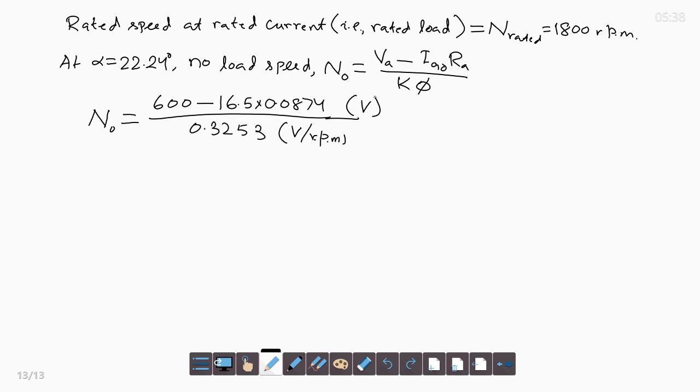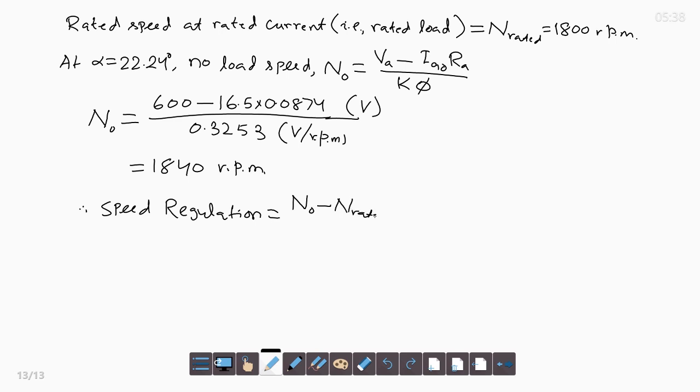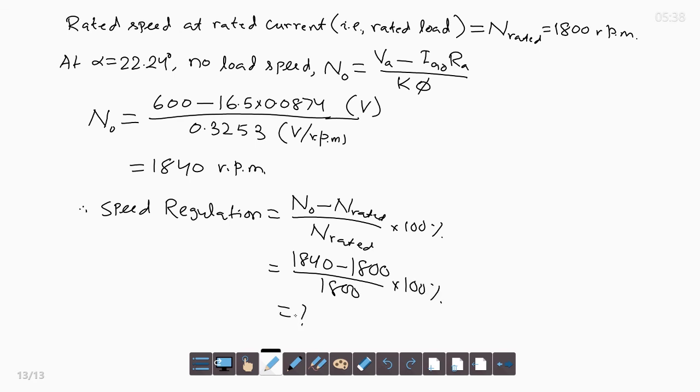So you find N0 which is 1840 RPM. Then speed regulation equals (N0 minus N rated) divided by N rated into 100 percent. N0 is 1840, rated speed is 1800, divided by 1800 into 100%. Thank you for attention.